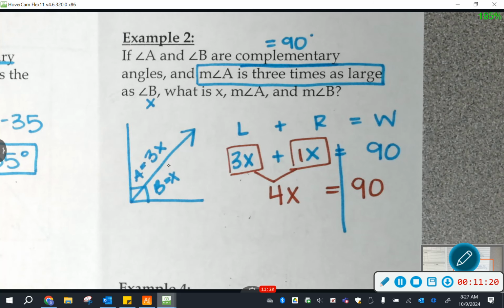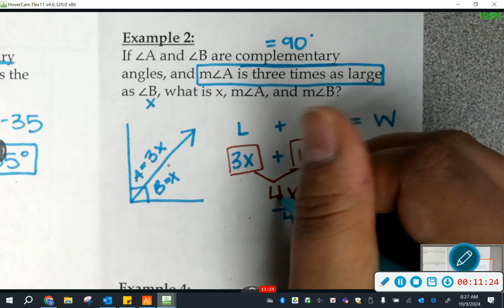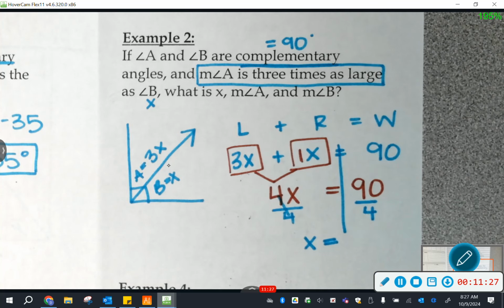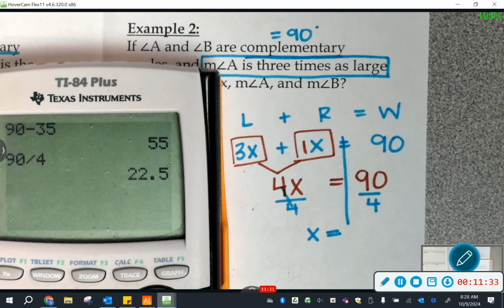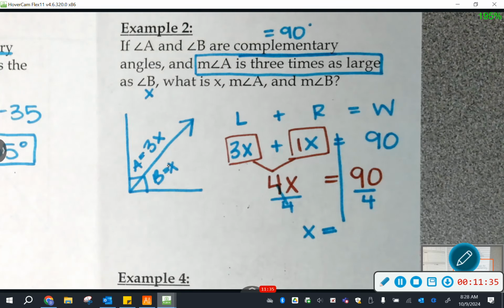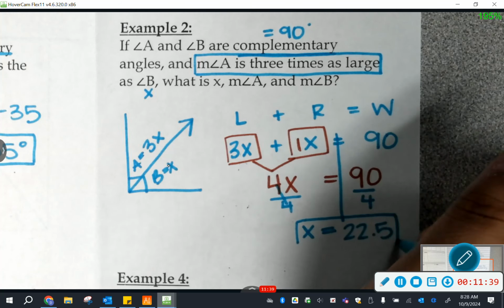And then what am I going to do? Divide by 4. And 90 divided by 4 is a decimal. And that's okay. We can get a decimal. So 22.5 is x.